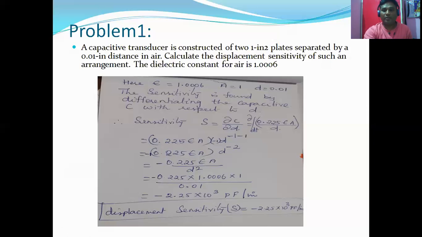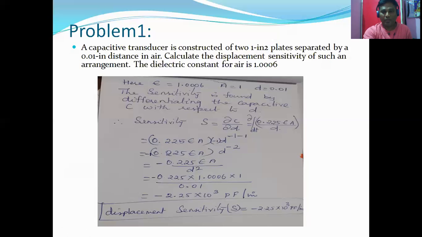In this differentiation, the denominator moves to the top, so the power is -1. When we differentiate, the power comes to the multiplication, then the power is reduced by 1. So -1 comes to the multiplication, and d power -1 -1 gives d power -2.